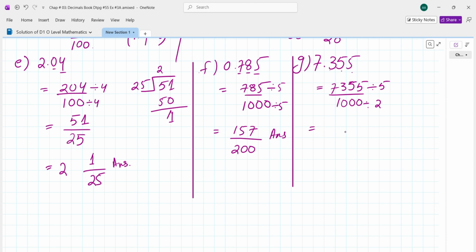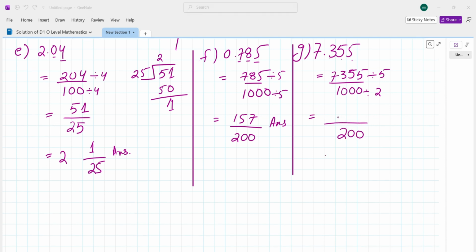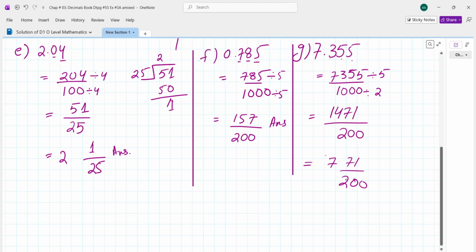The denominator will become 200 and the numerator will become 1471. We can further convert that fraction, so you can also check it. The value will be 7 whole 71 upon 200. I hope you got question number 1. We will meet in the next video for question number 2. Thank you so much for watching, class.